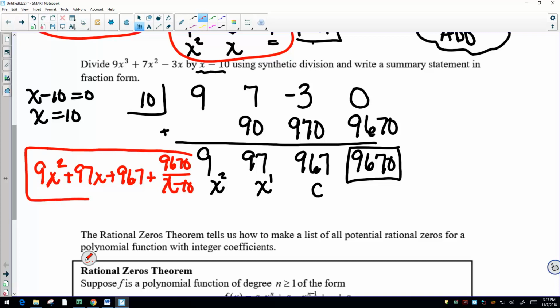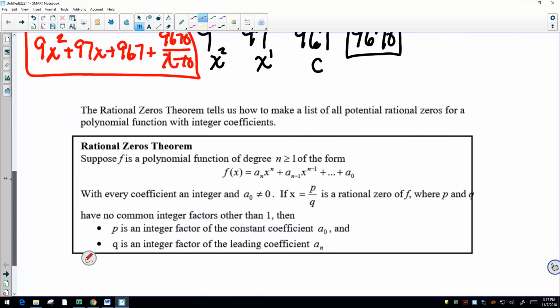And so that would be our answer. That's our quotient for synthetic division. So this is a nice little process. It's a faster process at times than our long division.